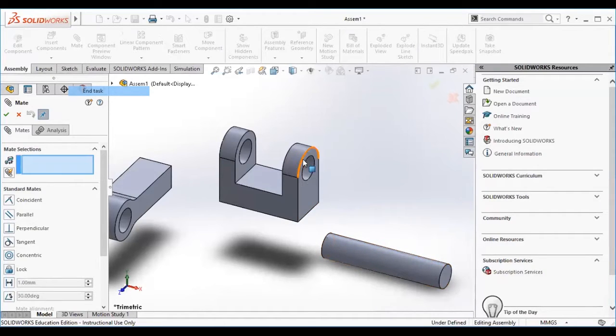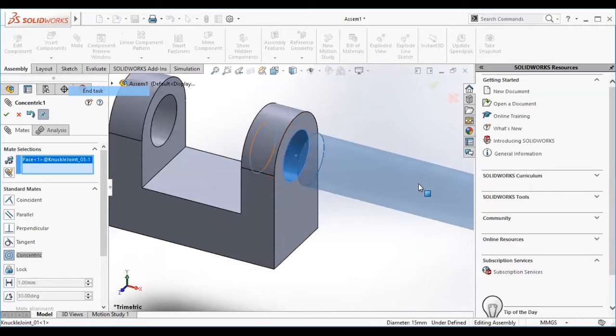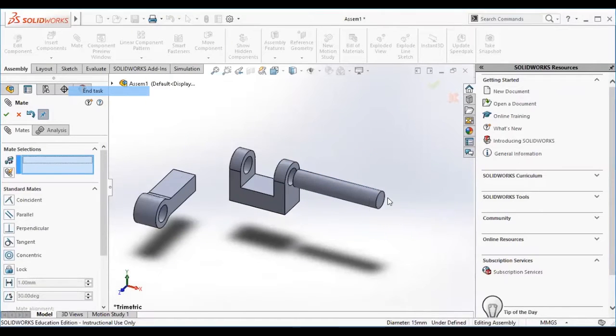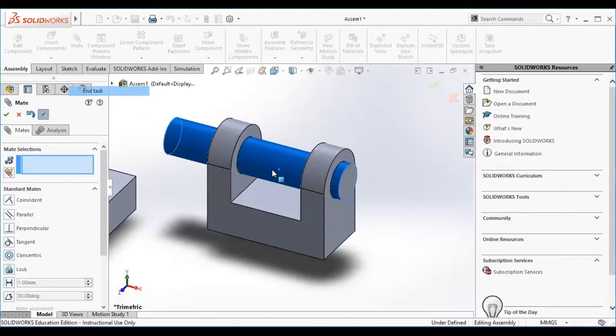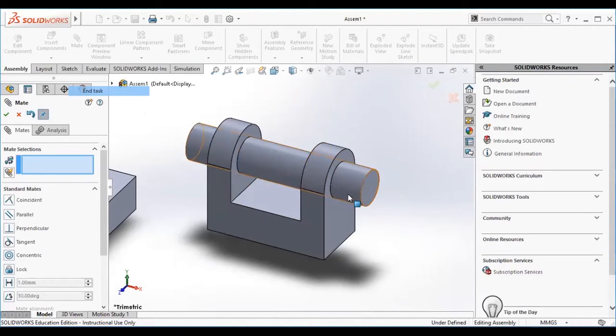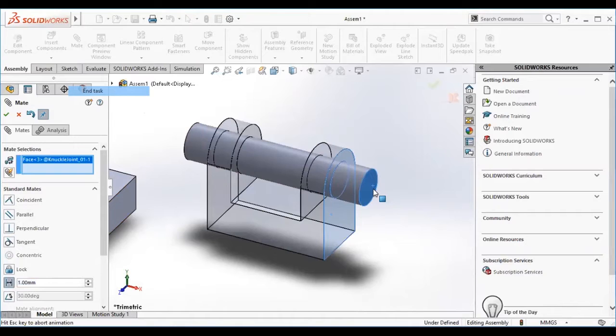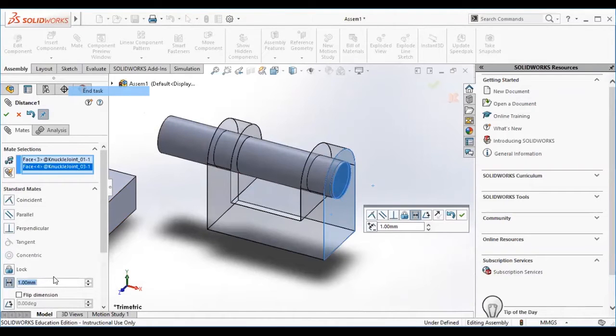If I use concentric, selecting this surface and this one, it creates this mate, and the pin is now able to get inside. I have not yet defined where it should be positioned. I can still translate this part because it has not been properly constrained yet. It still can move. So now I can apply a distance, saying this face and this face have a specific distance.